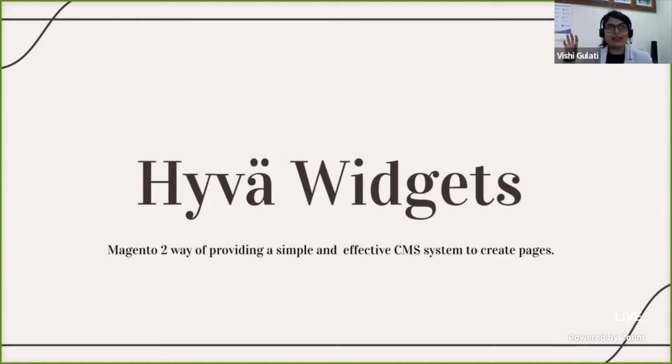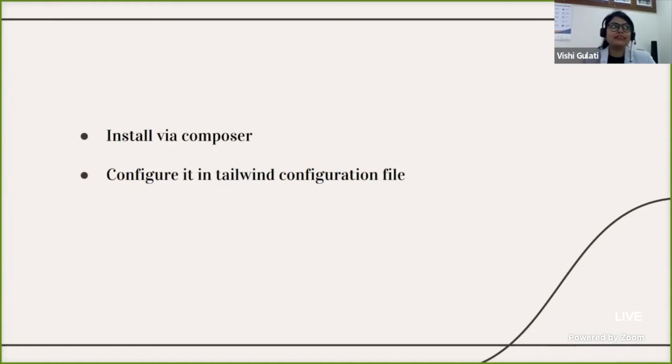We know something, and it provides us the same framework so that we can utilize it and create a widget for the same. Like other things, you can also install it via Composer, but you need to configure it in the Tailwind configuration file. Now I hope you understand why you need to configure it in the Tailwind configuration file.